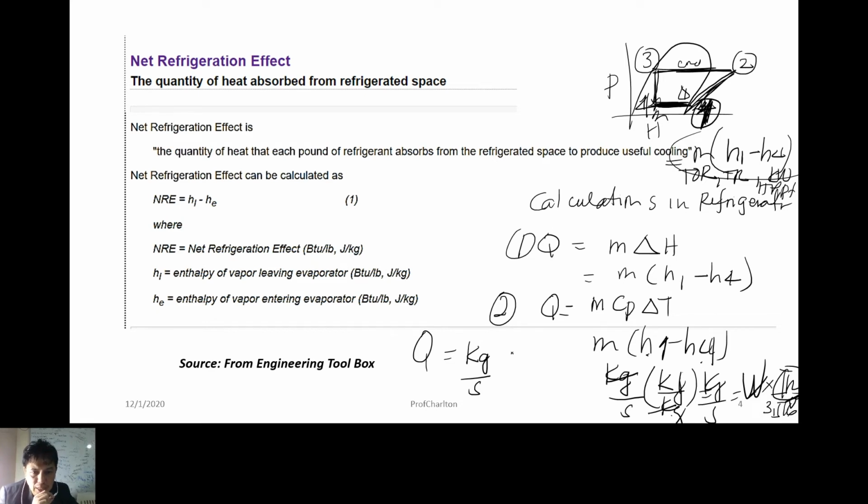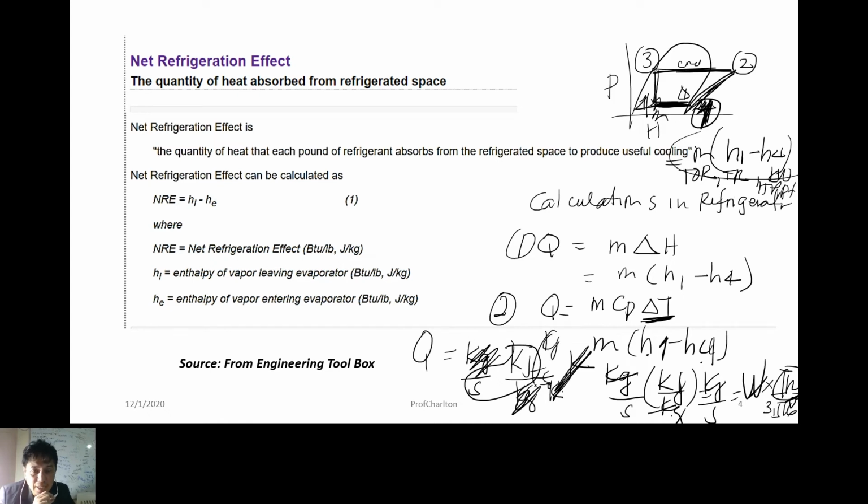So ang unit noon ay kilojoule per kilogram degree centigrade pwede rin, pero pwede rin Kelvin if you're going to make it absolute. Normally we are doing this absolute. So if that is Kelvin, you could also convert the temperature difference in Kelvin, no? So to be consistent and to cancel out the necessary units, Kelvin and Kelvin will be cancelled, kilogram and kilogram will be cancelled, kilojoule per second will be left.